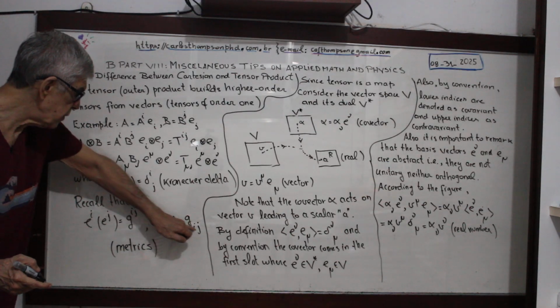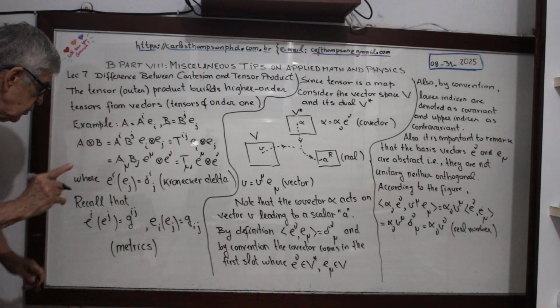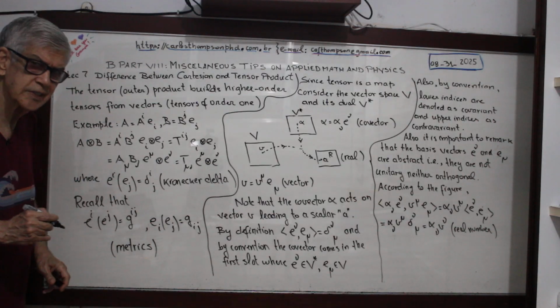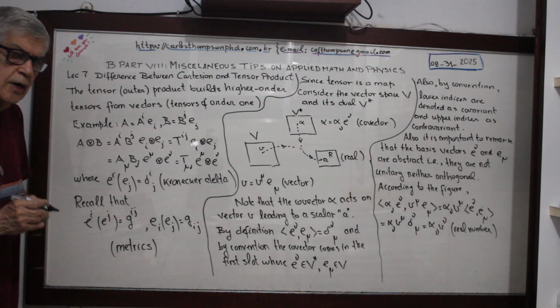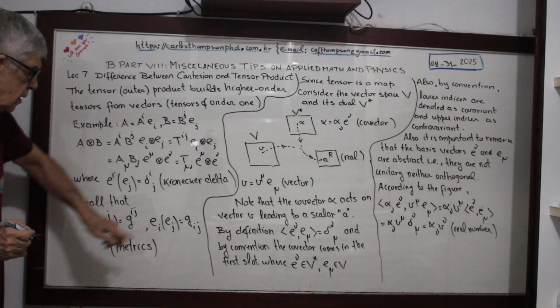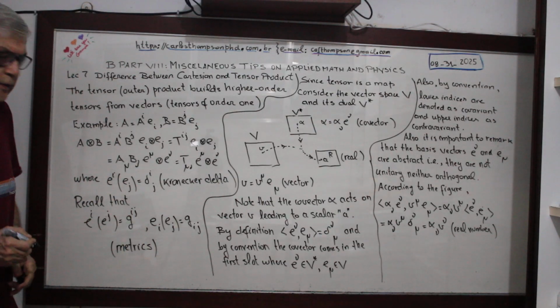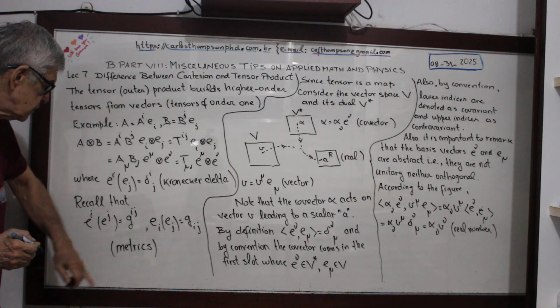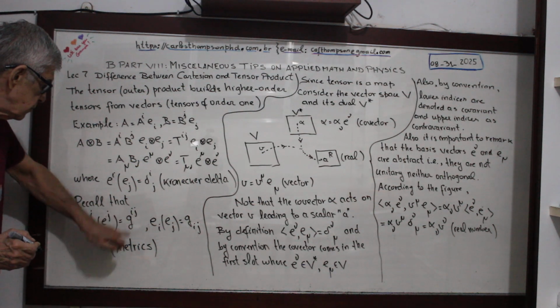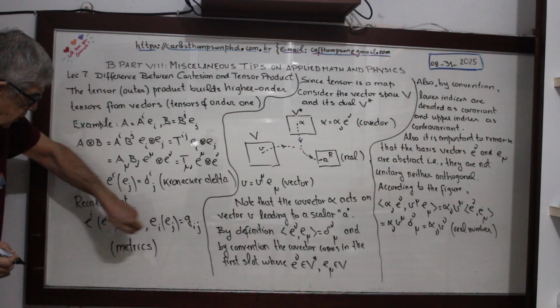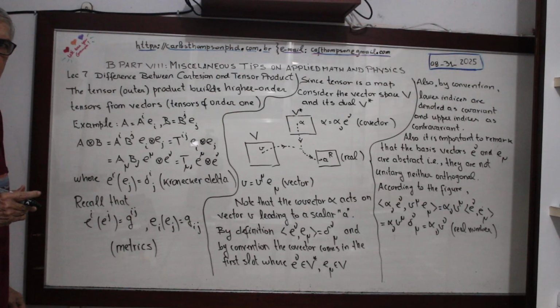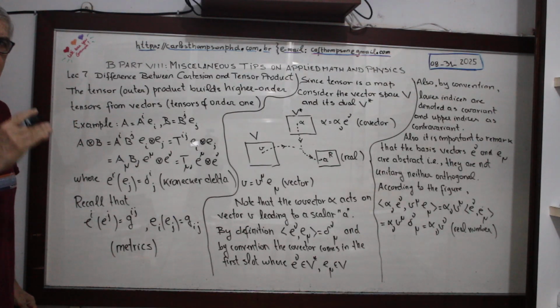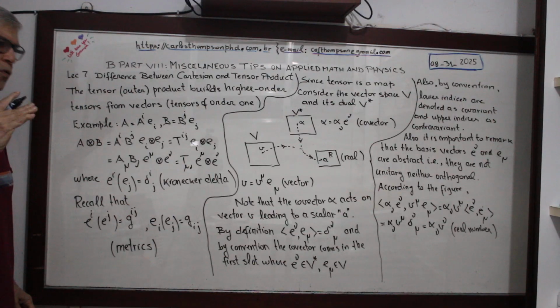Upper index we use to say contravariant, lower is covariant. So this is a covariant matrix, and this is a contravariant matrix. You look at the indices: if it's upper, it is contravariant; if it's lower, it is covariant.